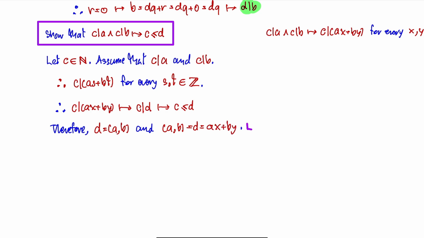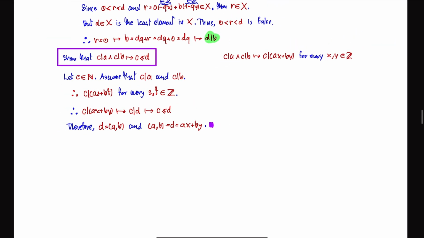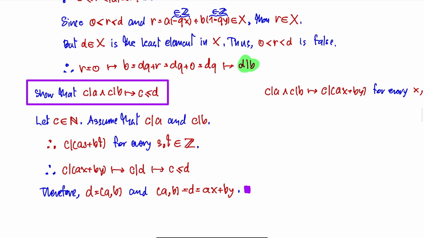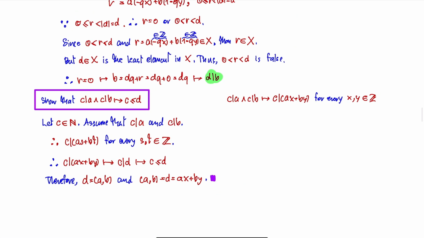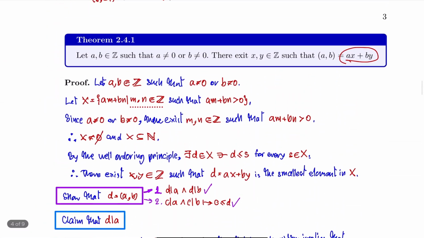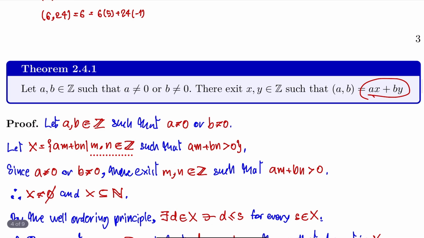Okay, that's it. So we have proved this theorem already. If you have the greatest common divisor of a and b, then there exist integers x and y such that a x plus b y equals the greatest common divisor of a and b. Okay, so that's it for this video.